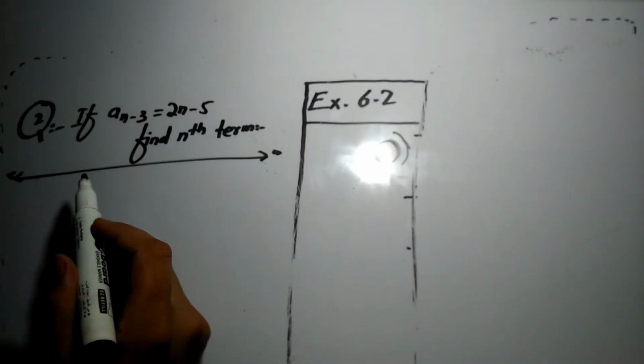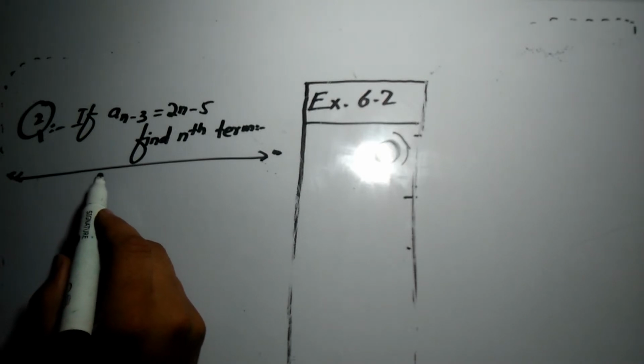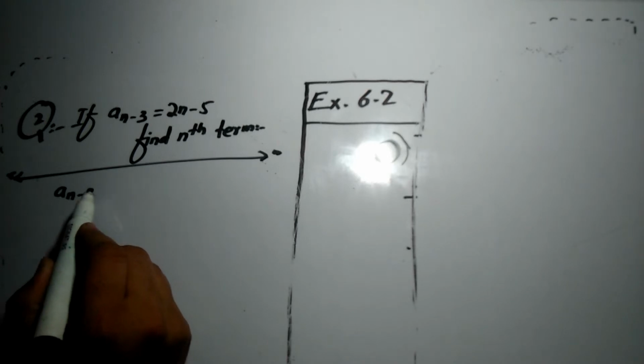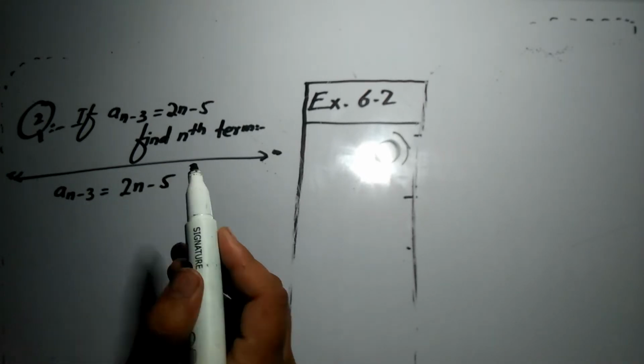Question number 2 is given as: if a(n minus 3) is equal to 2n minus 5, find the nth term. So we know that a(n minus 3) is equal to 2n minus 5.